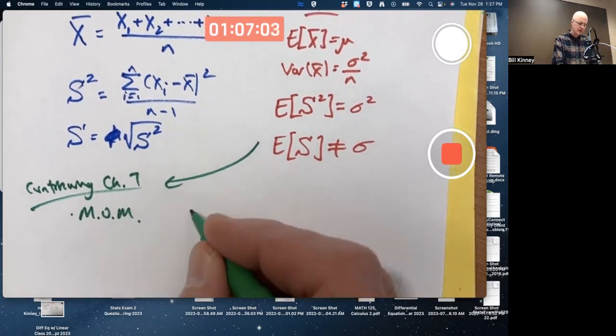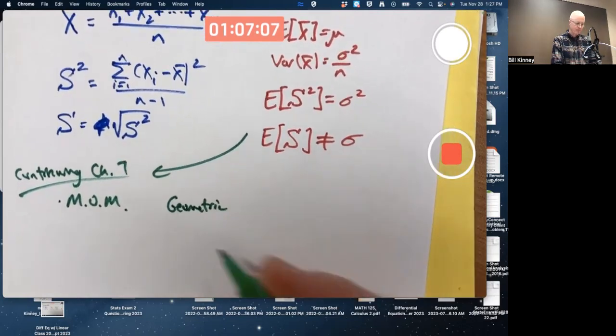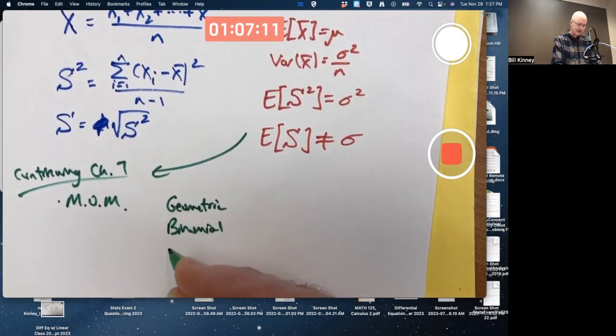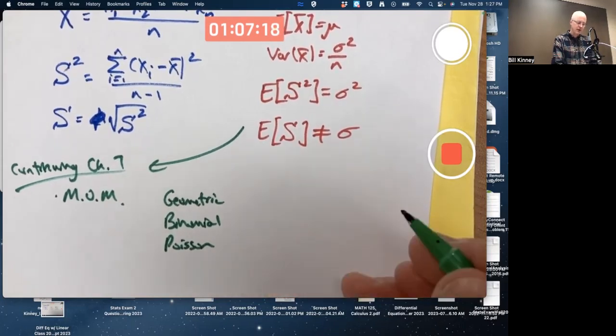Simplest examples include geometric, binomial. The really simplest is Poisson. You should be able to apply the method of moments.